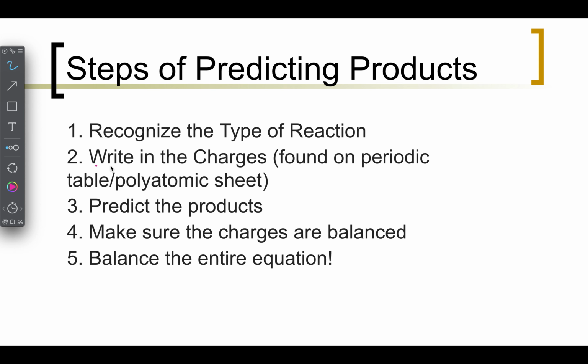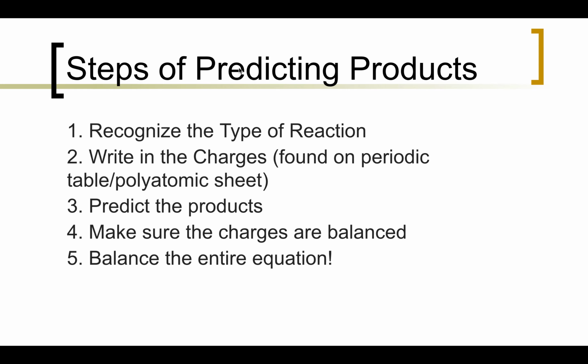And the second step is writing in the charges, right? So this should sound a little bit familiar. So if we have something like oxygen, I know that oxygen's charge is -2, right? How do I know that? So let's go ahead and take a look.